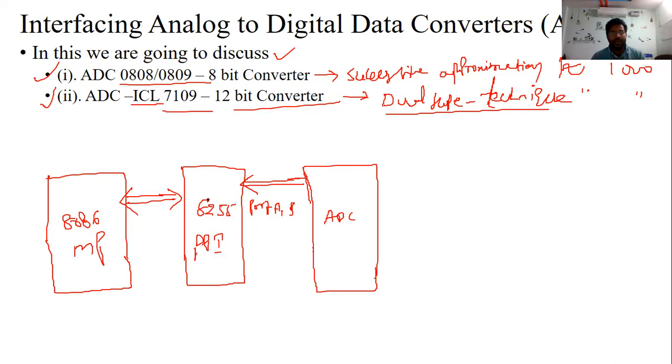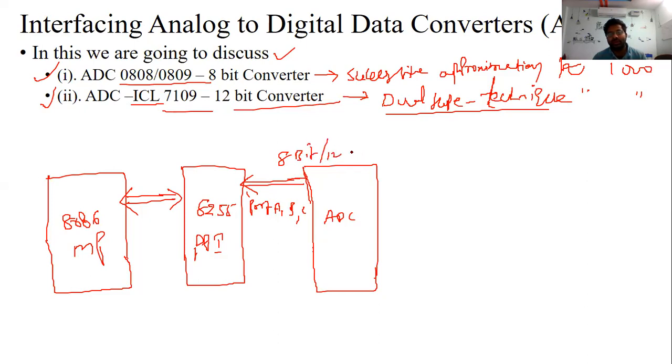We have already discussed how to interface the 8255 PPI to the 8086 microprocessor. But now we can see how these ADCs are interfaced to the 8255 PPI. For interfacing this ADC to the 8255 PPI, you can use port A, port B, or port C, each 8-bit.